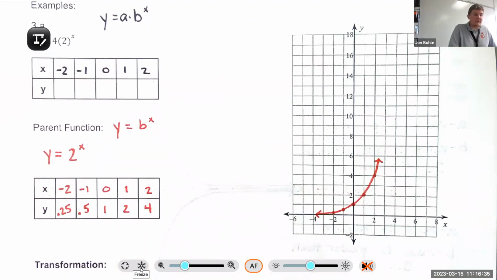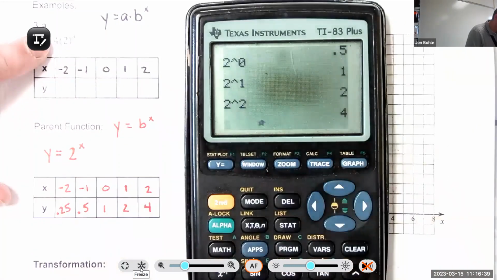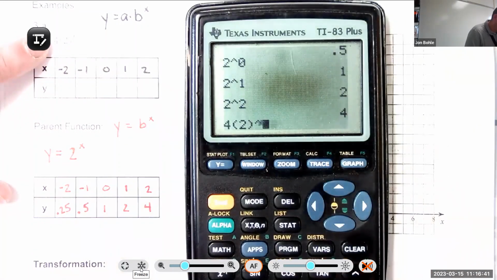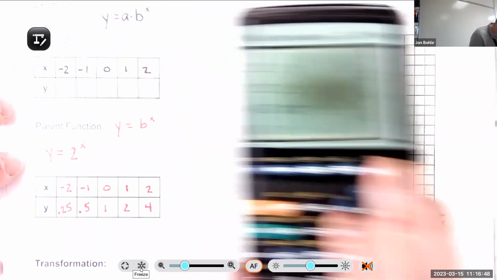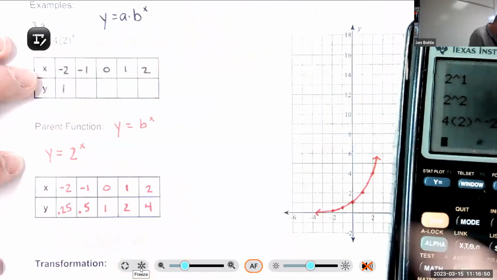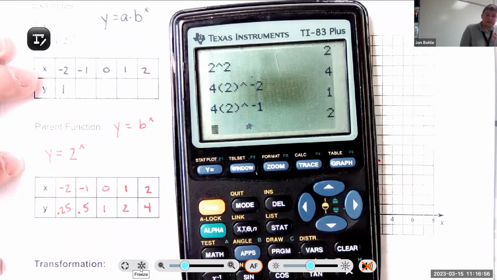Okay, we're going to pick the same x values. And now what we're going to do is graph this, but now I have that 4 in the front. So now I'm going to go ahead and graph that with the 4 included. 4 times 2 to the negative first power is 2.